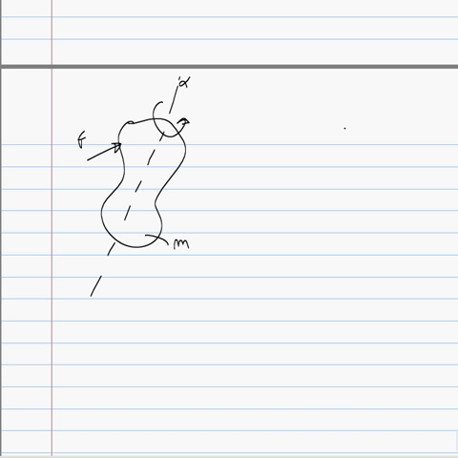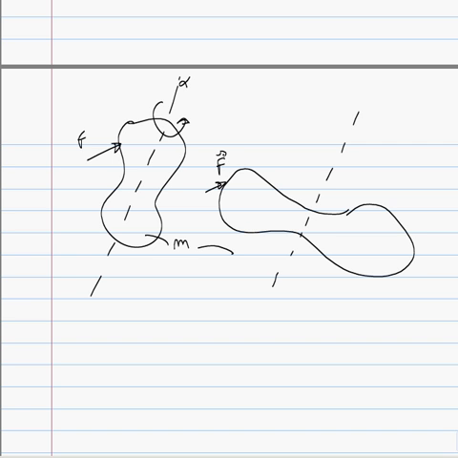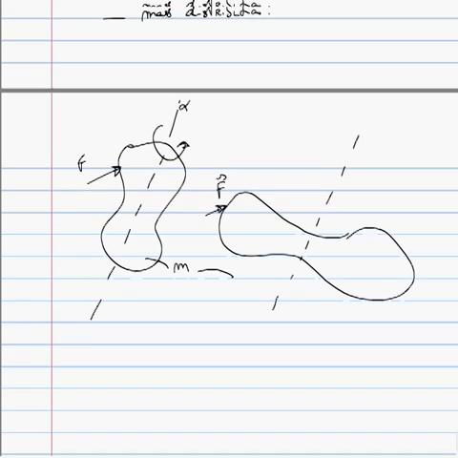Now, if I had the same object of the same mass, but now the mass is being distributed very differently, much further away from the axis of rotation, and I apply the same force, what's going to happen? This force will also create a torque, which will also create an angular acceleration.